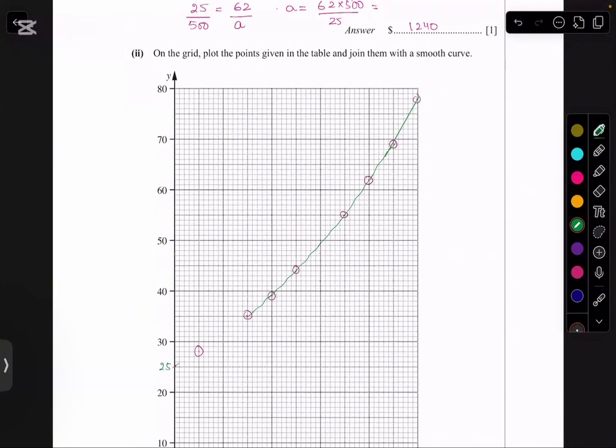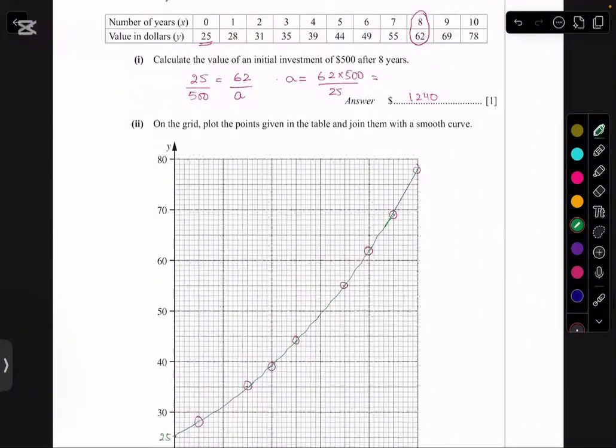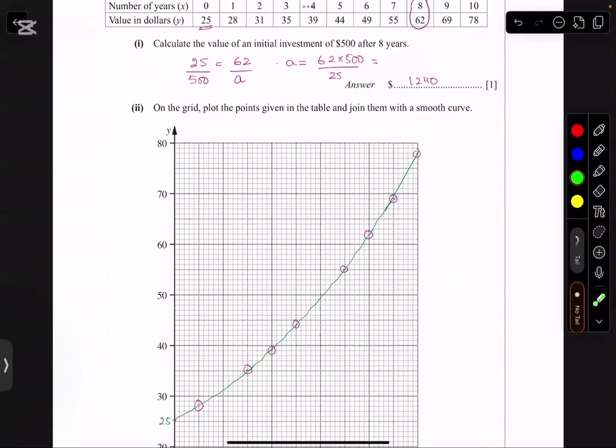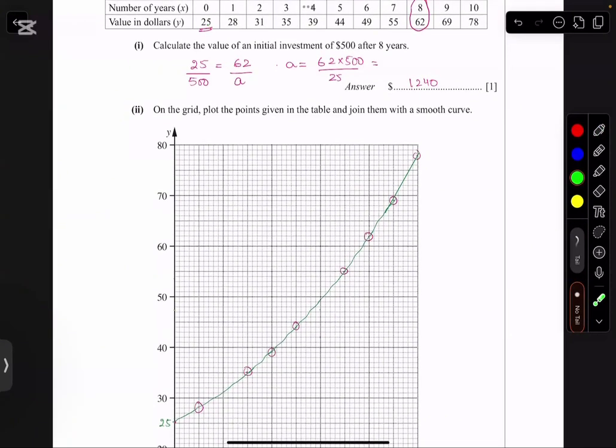I've already marked all the points, and this is the curve that I am going to have for the given values. This is not difficult. When x is 0, y is 25, so (0, 25) is here. With x as 1, it's 26, 27, 28, I've marked the points.